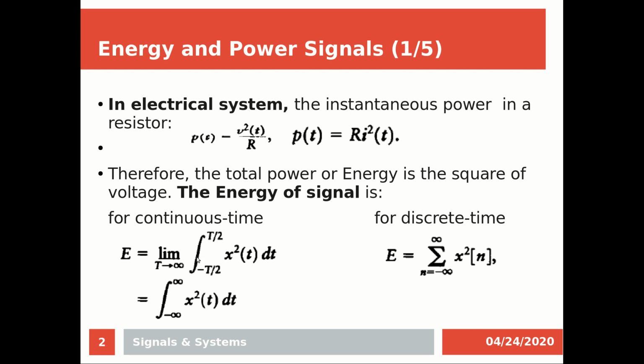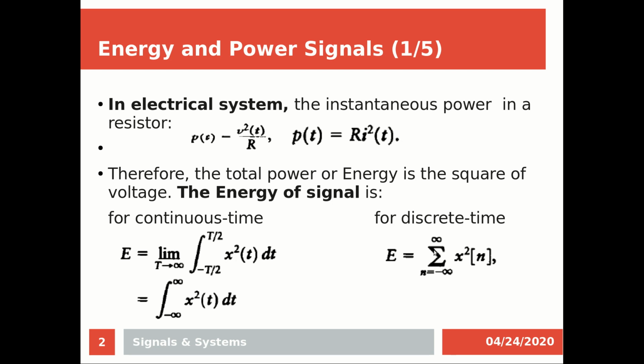So you may memorize this equation, because this is important to calculate the energy, not the power, of the continuous time. Okay. Now for the discrete time, it's different, because here we take the integral of the square of the signal, sorry, not the square root.